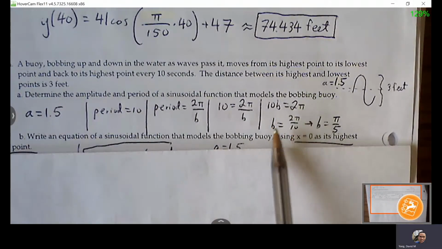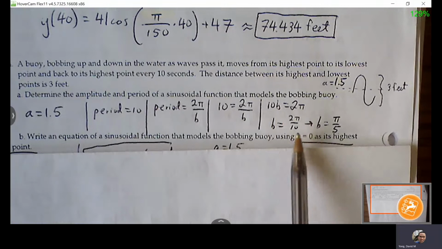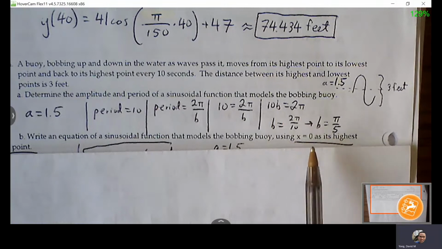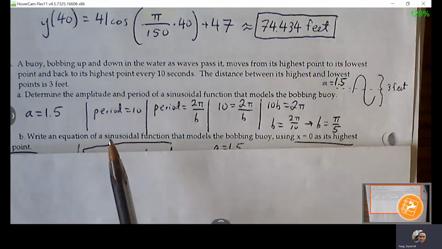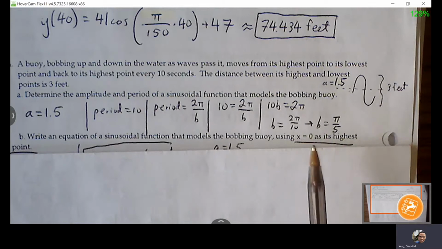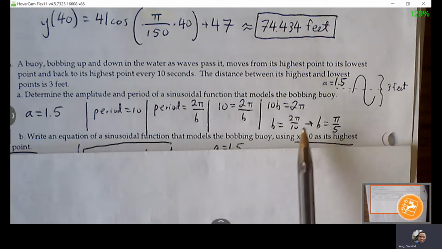Okay, so 10b equals 2 pi. We solve for b, we get pi over 5. So our c value is going to be 0 because we're going to line up nicely with our cosine graph.